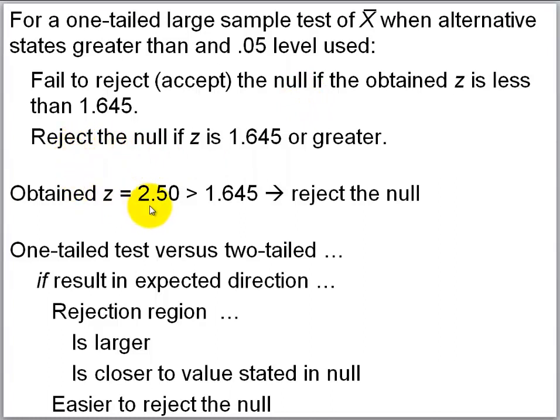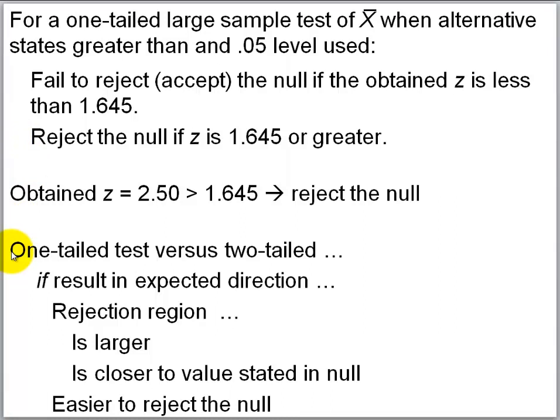As you know, our obtained z calculated to 2.5. Our obtained z is greater than 1.645, therefore we are going to reject the null. Now do note that with decision rules for one-tailed tests, we're not going to be dealing with absolute values. We're going to be dealing with the actual value of the obtained statistic.